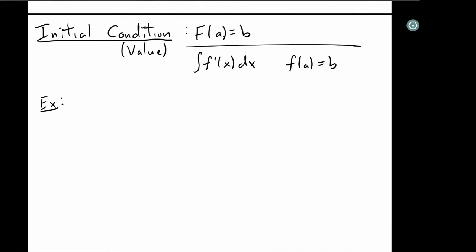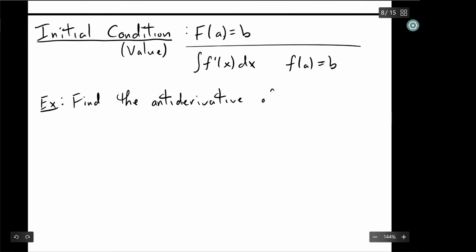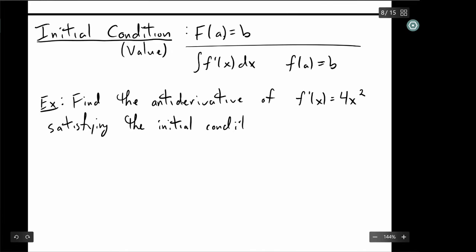So here what I want to do is find the antiderivative of f prime of x equals, let's say, 4x squared, which is a different function here, satisfying the initial condition f of -1 equals 3.